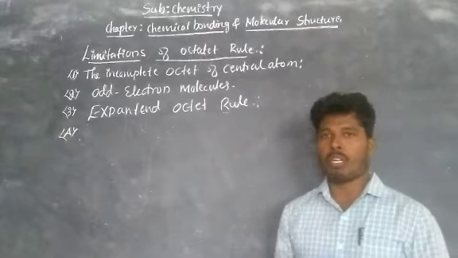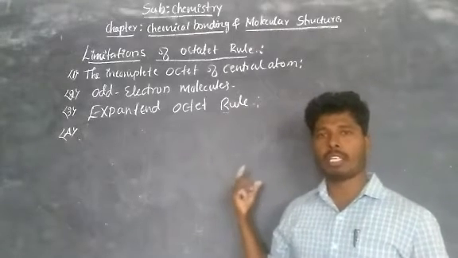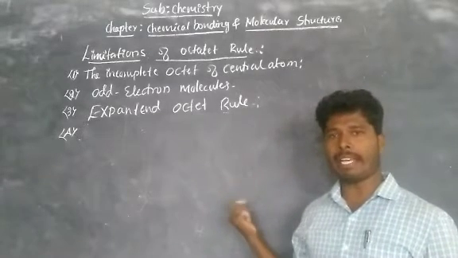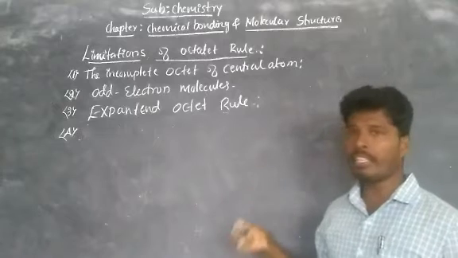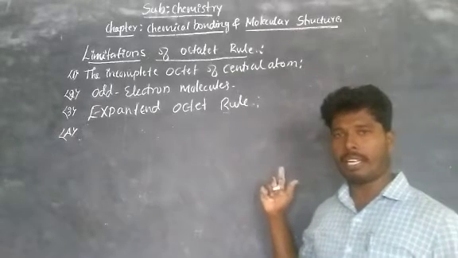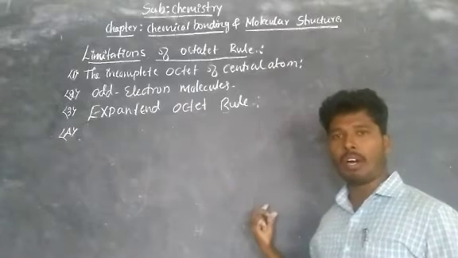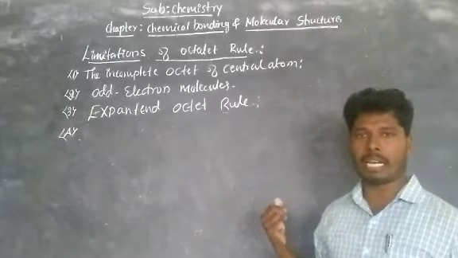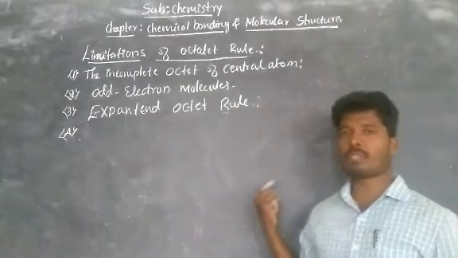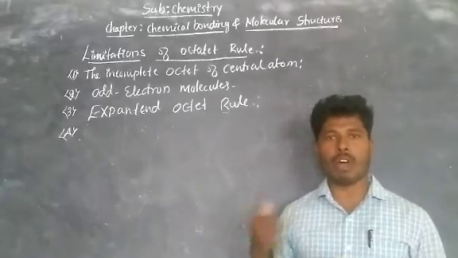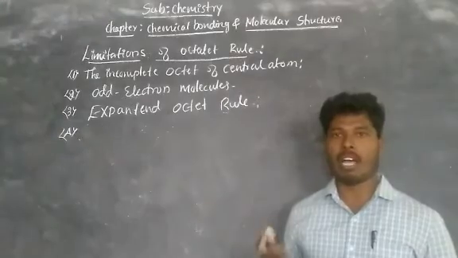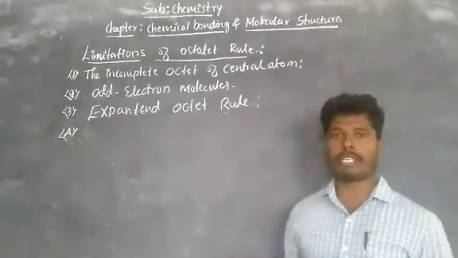The octet rule is explained on the inertness of noble gases: helium, neon, argon, krypton, xenon. Except helium, the rest of the noble gases have 8 electrons around them, right? So there are no vacant orbitals to form a bond with other elements. On that basis only the octet rule is explained.